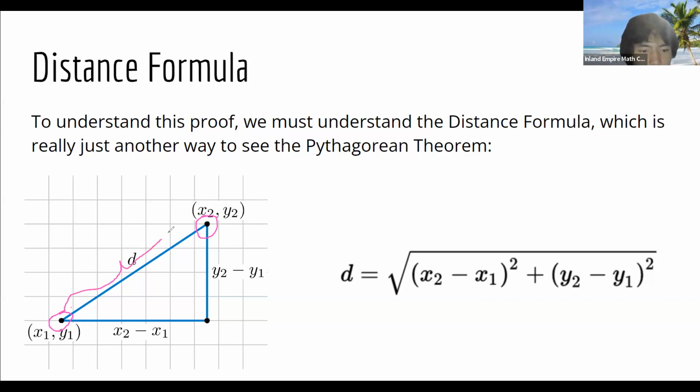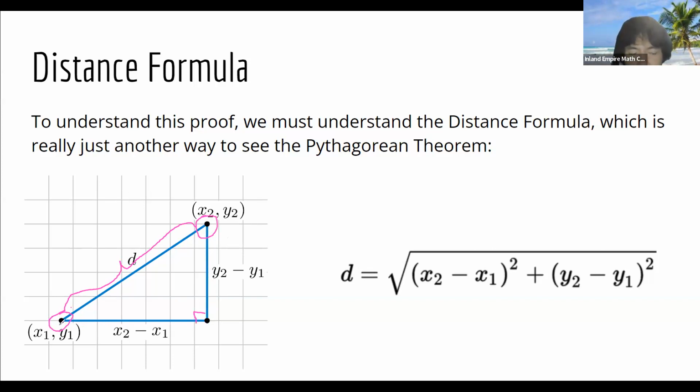You want to figure out what this distance is. But since you know the Pythagorean theorem, what you could do is construct a right triangle by dropping a perpendicular down to here and extending a horizontal line over there.